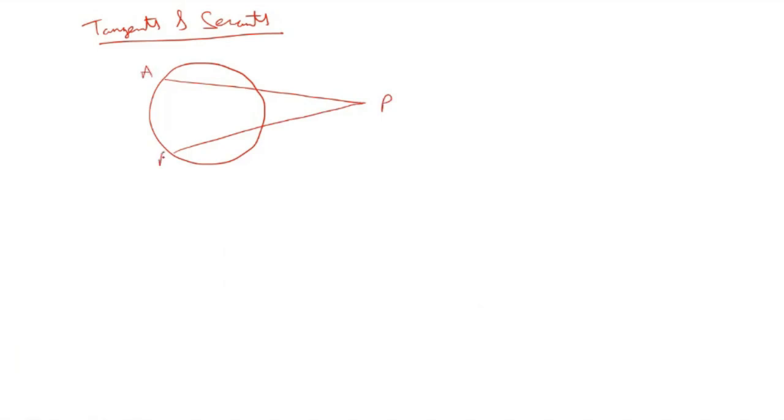So we have A, B, C, D. The first important law is the secant theorem, or the secant proportions theorem, which basically says that PC into PA will be equal to PD into PB, which is basically small into full will be equal to small into full.